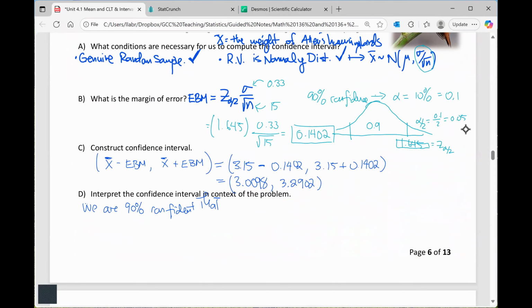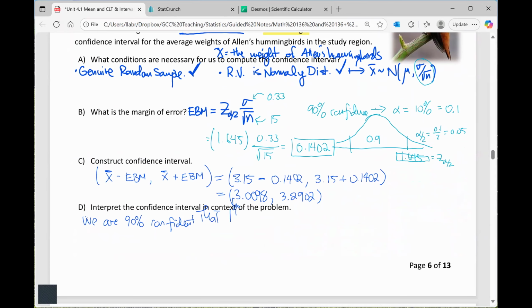that the true, I don't know why this keeps moving. And remember that here what we're trying to capture is that this interval captures mu, which is the true population mean. And you just basically say what it is that you were measuring. And in this case, it's the weight of Allen's hummingbirds.